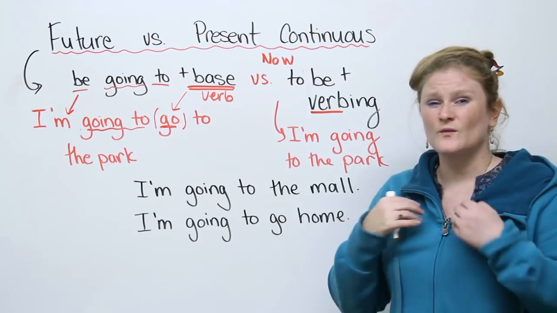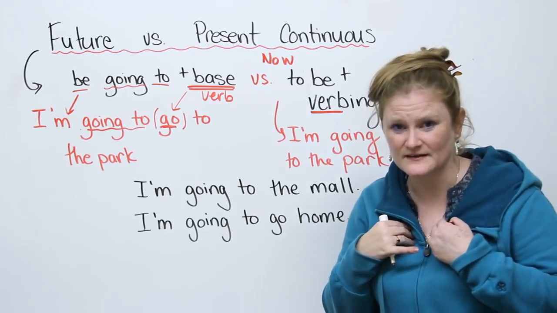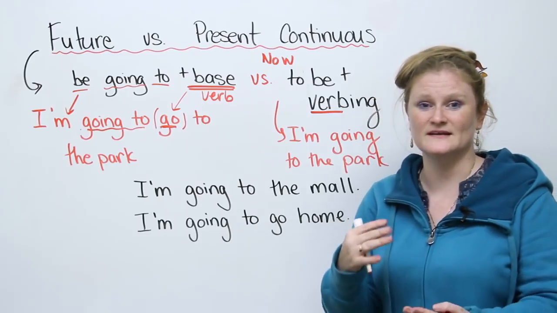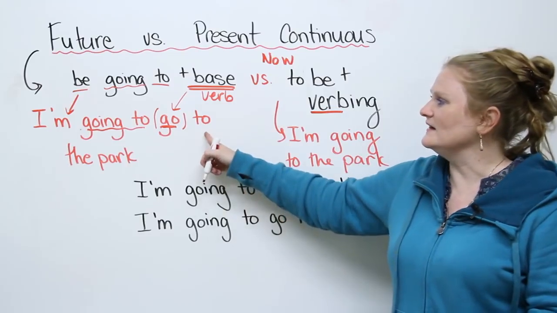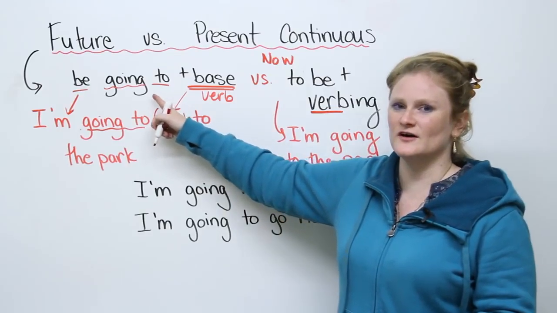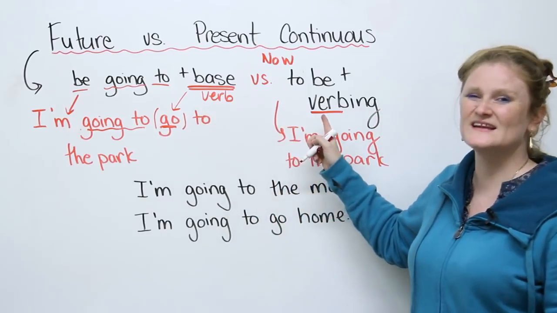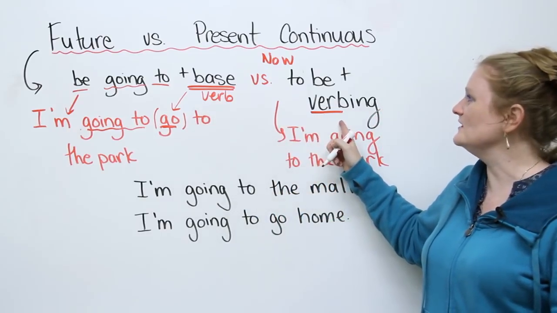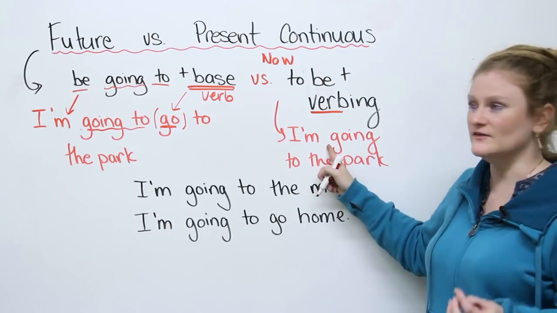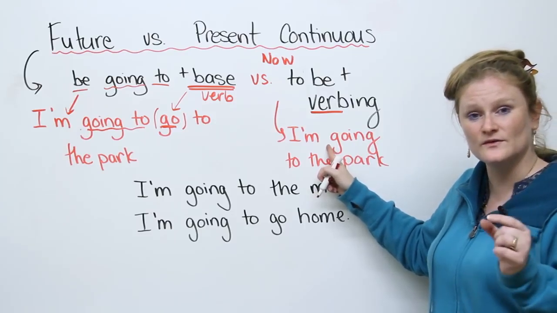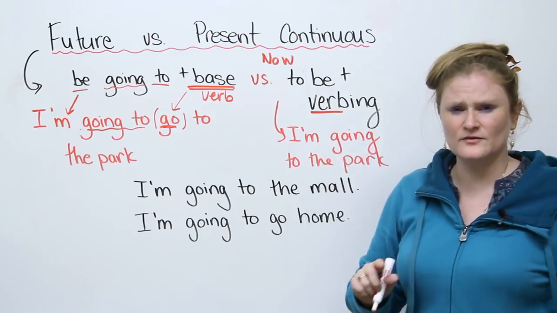Now, when we speak English, normally, naturally, when we want to talk about the future and we're using going to, we get lazy. And we usually use the present continuous with the verb going to. I'll give you an example.